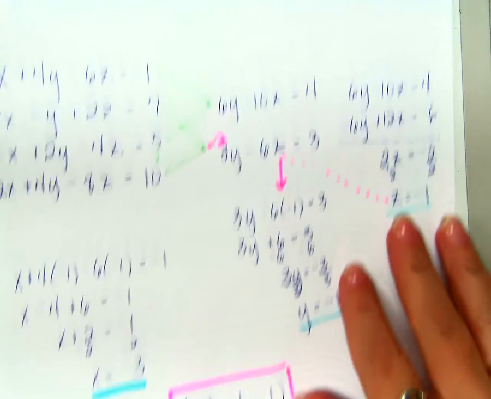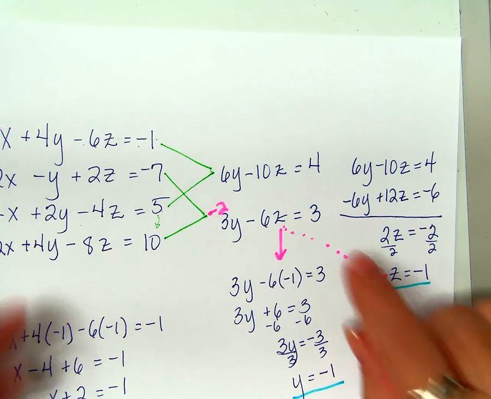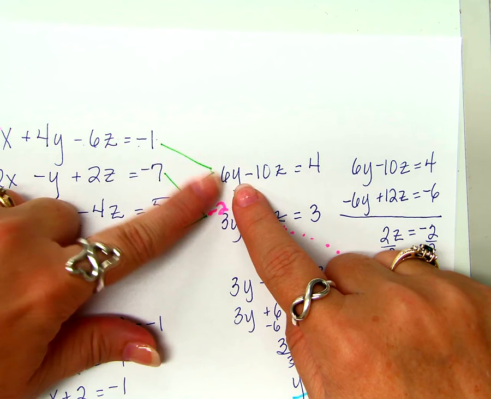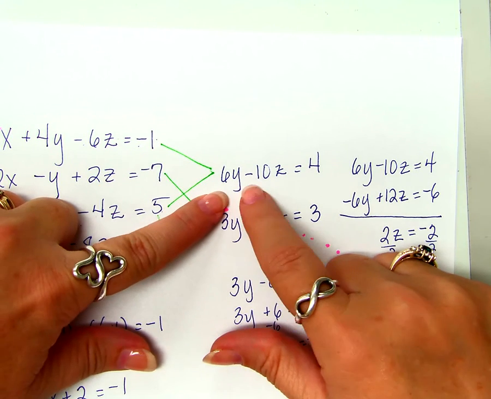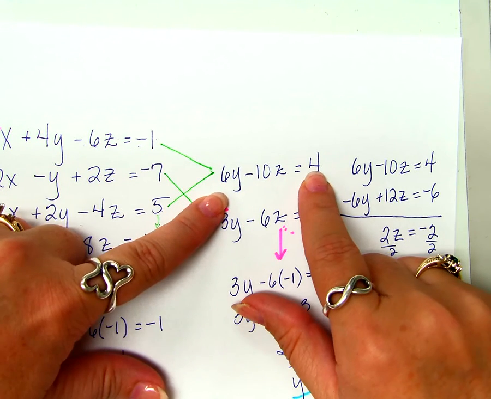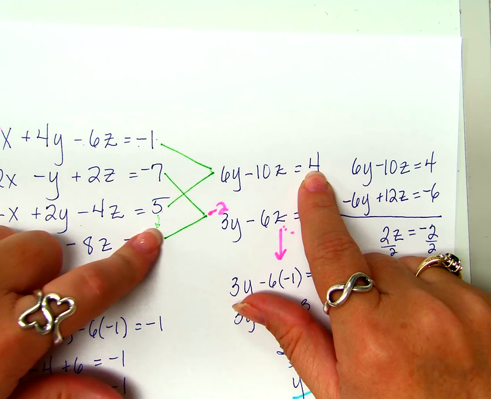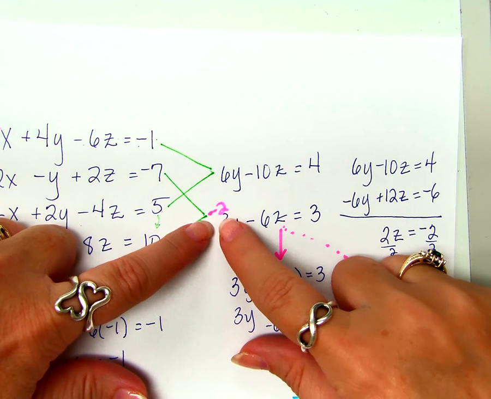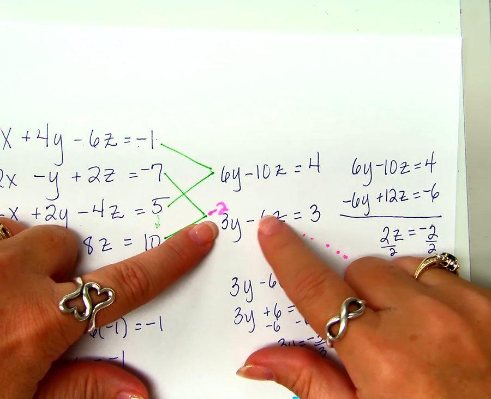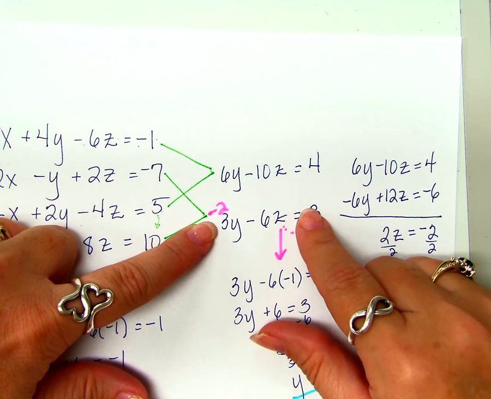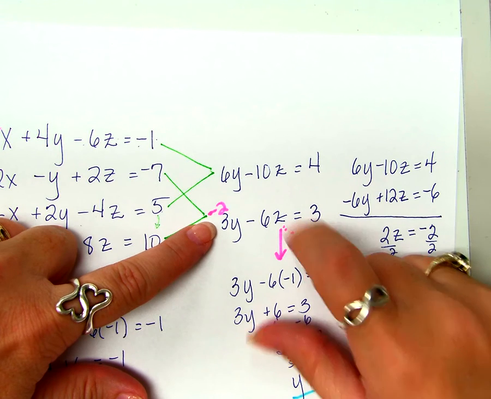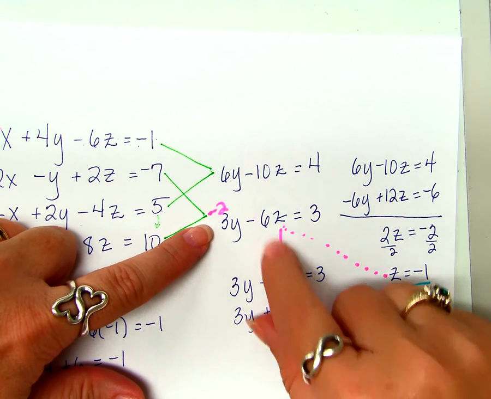All right, let me ask you a question then. What if I combine these and I got 6y minus 10z equals 4? And what if I combine these and got negative 6y plus 10z equals 3? What would happen if I combine them?